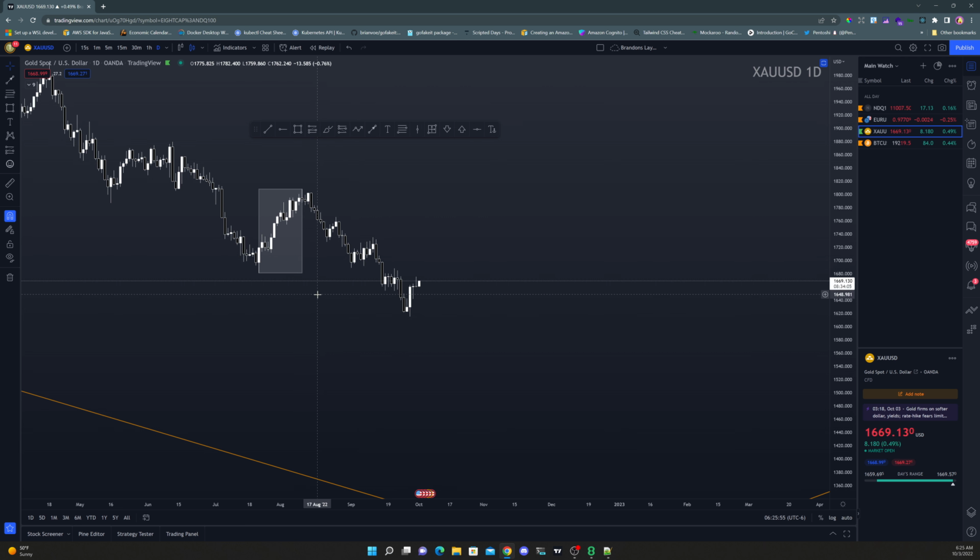We see a break right here. Okay, where did that come from? It came from up in here, because then we saw it break yet again, another low. So if we saw it break this high, then we could expect maybe some bullish stuff. But ultimately, I guess we could technically say we're consolidating.